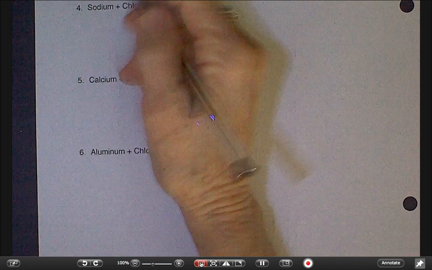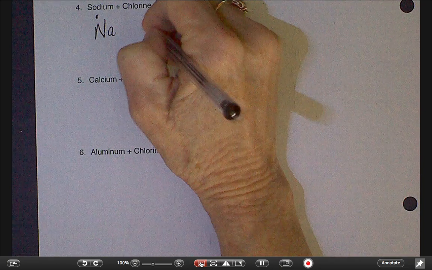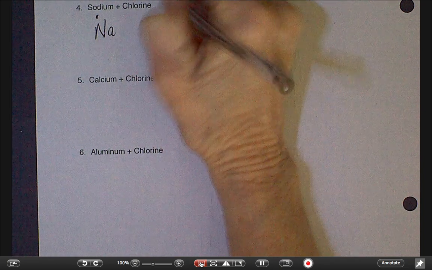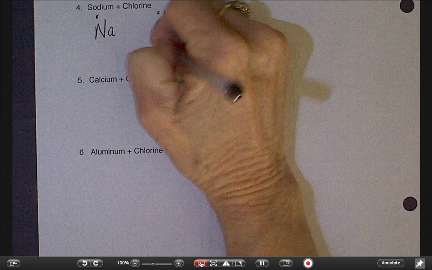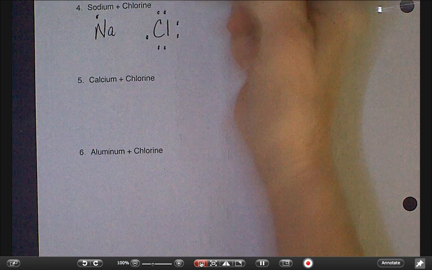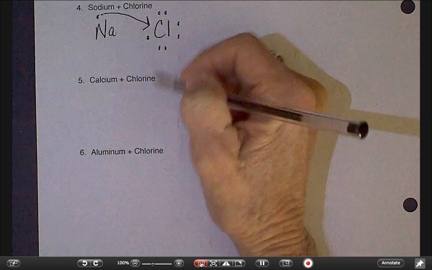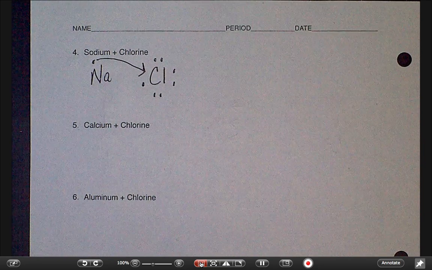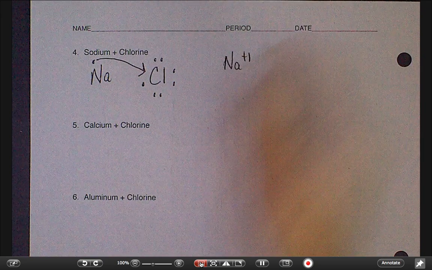Sodium again. Na with 1. Chlorine. So what is this? 1-to-1 ratio. Sodium gives up its electron to chlorine. All right, so we've got Na at a plus 1. Where did I get that number?